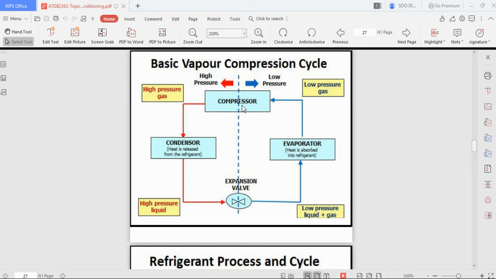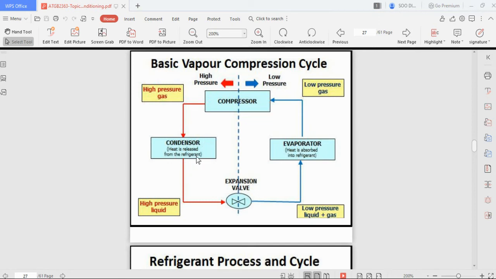The compressor is important because it takes the gas, which is at a low pressure, and makes it into high pressure. When the gas is at high pressure, it will move to the condenser. The condenser is where the refrigerant releases its heat.